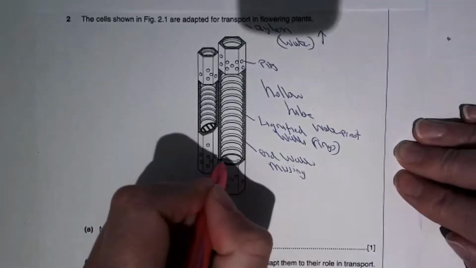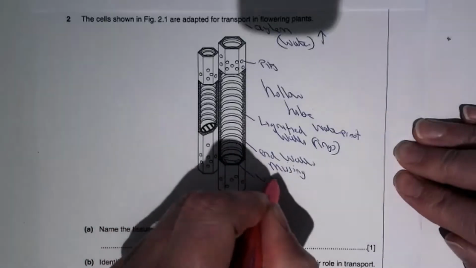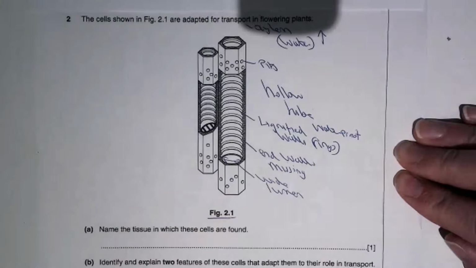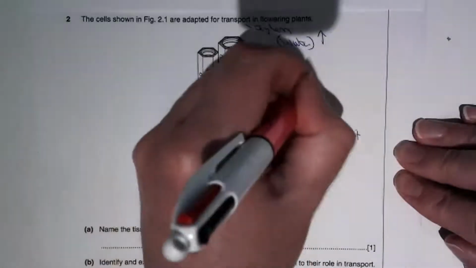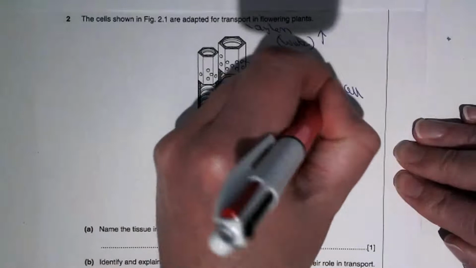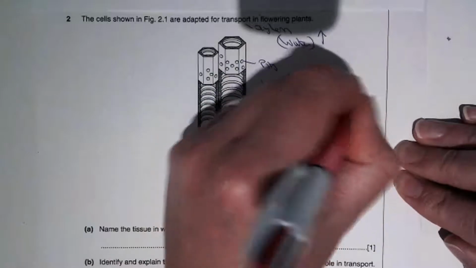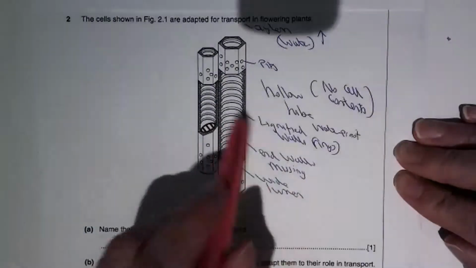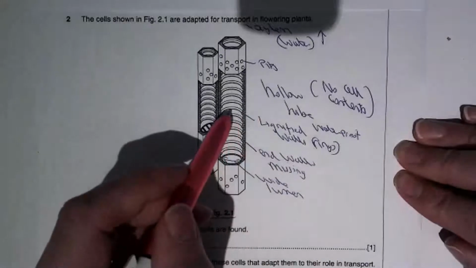This lumen here is wide. It's a hollow tube, so there's no cell contents. You can clearly see there's no nucleus, ribosomes, vacuoles.